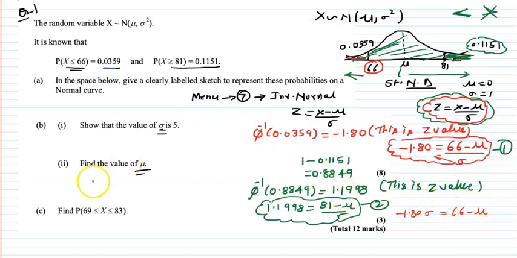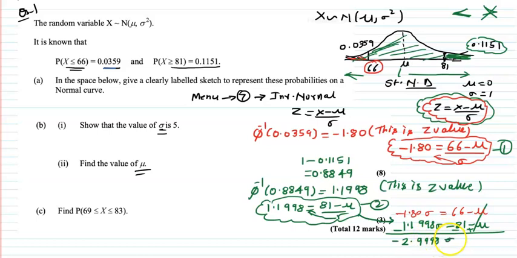And from equation 2, if you multiply by sigma, it should be 1.1998 sigma equal to 81 minus mu, and we can solve these simultaneous equations. If we change the sign, this is minus and this is minus and this should be plus, mu will be cancelled, so we get minus 2.9998 sigma equal to minus 15.